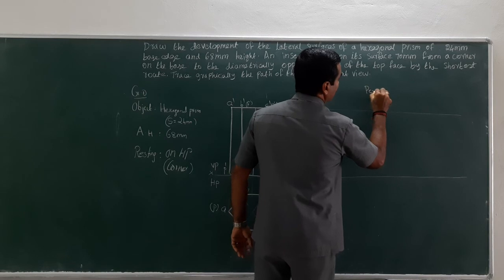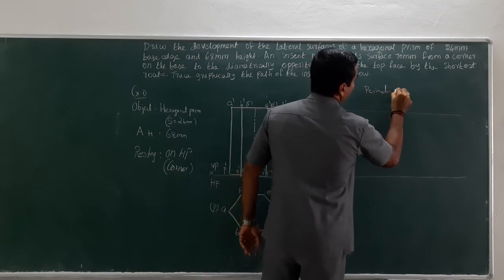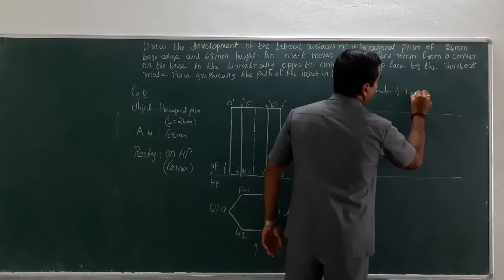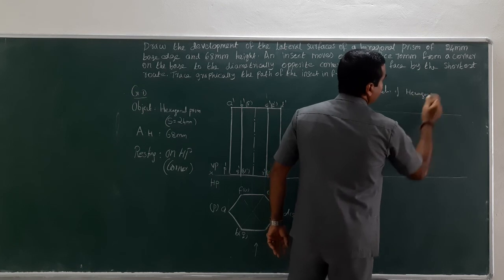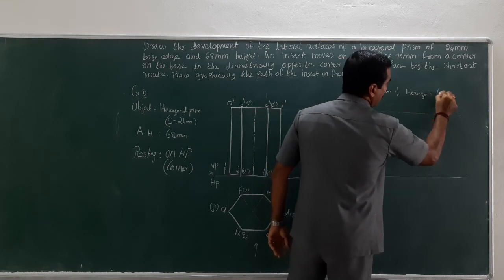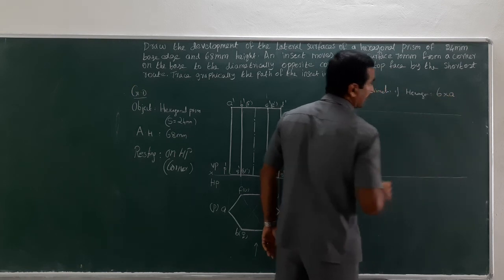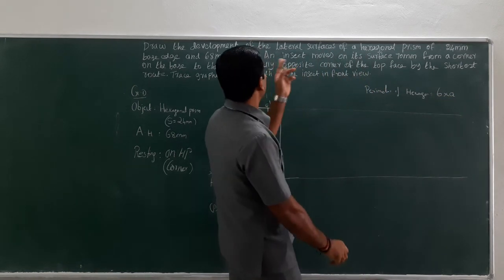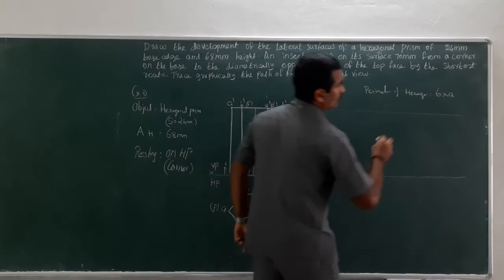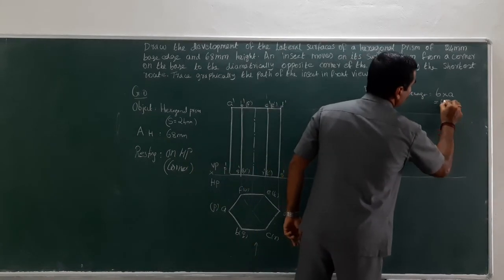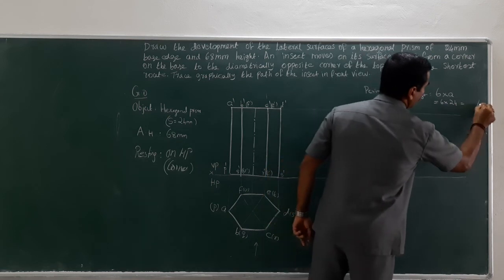So perimeter of hexagon is N into A. N is the number of sides of the hexagon, which is 6. A is the side dimension, which is given as 24. So 6 into 24, which could be 144.